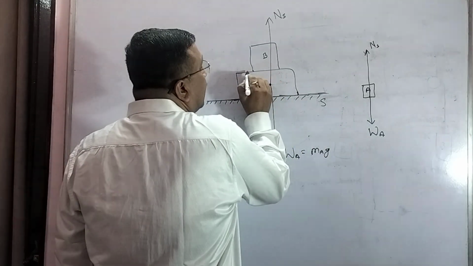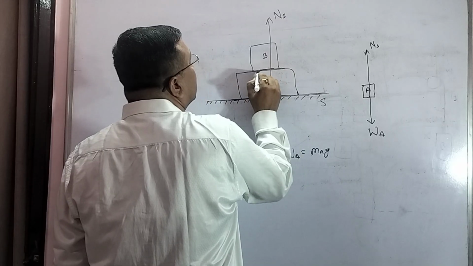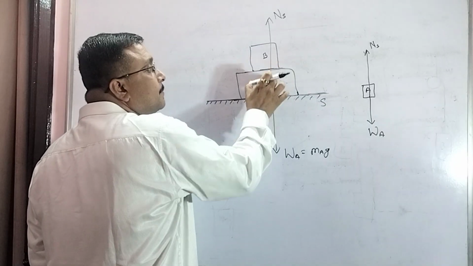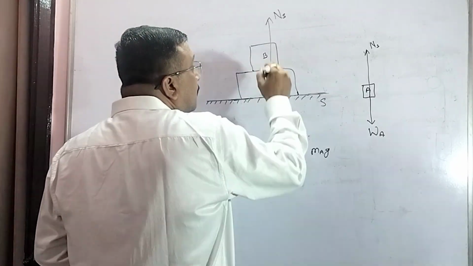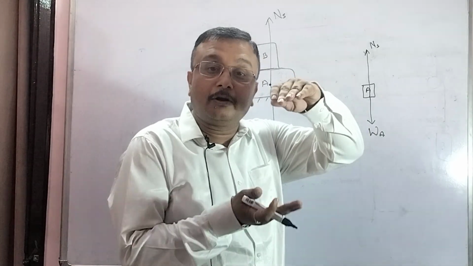But this block A and B also share this common surface. Correct. This is also a surface. So now B will exert a force of normal reaction perpendicular to its surface.